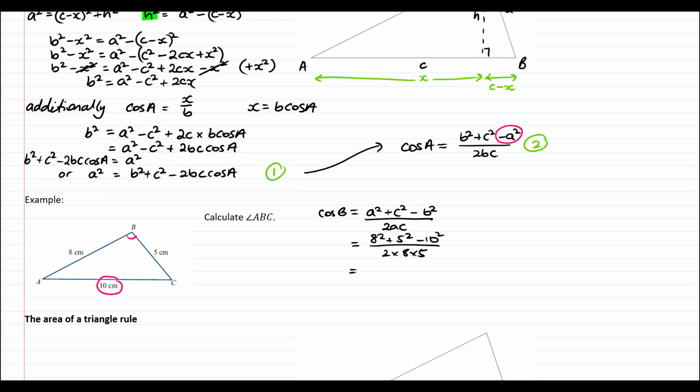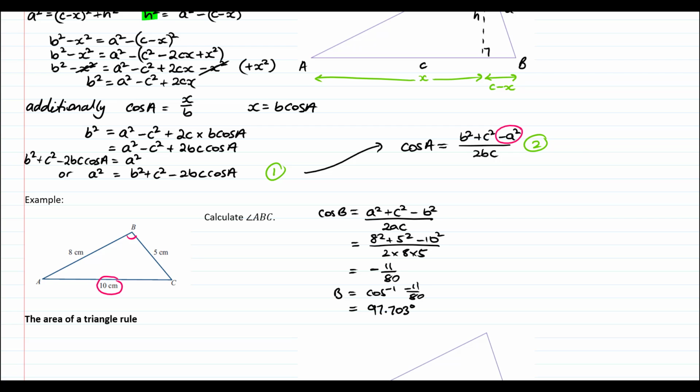And of course this is equal to negative 11 over 80. And so B is equal to cos inverse of negative 11 over 80, which is 97.703 degrees. So there you have it, an answer to a problem that involves the cosine rule.